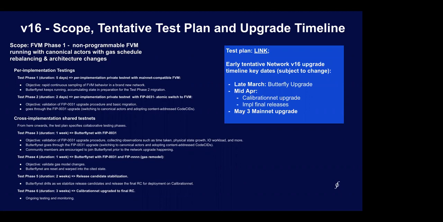During the process, we'll be finalizing all the implementation releases. At that point, we should have good enough test coverage for FVM, canonical actors and the implementation itself. And then we're proposing the mainnet upgrade to be around May the 3rd, which is about 7.5 weeks from now.